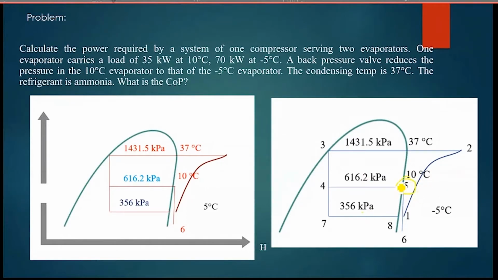Look, this one and this one. So if I may write, the higher enthalpy 5 minus enthalpy 4. There should be a mass flow, which we will designate later. On evaporator 1, we can have that refrigerating effect 1. Now, the refrigerating effect of the second evaporator is this.